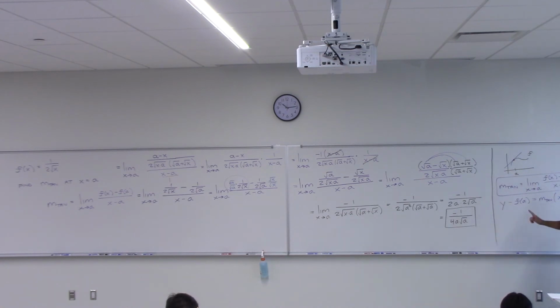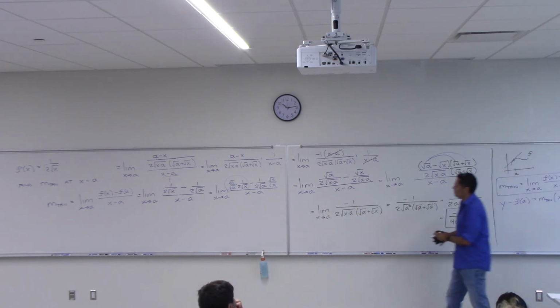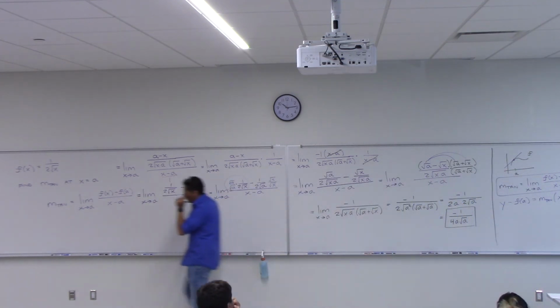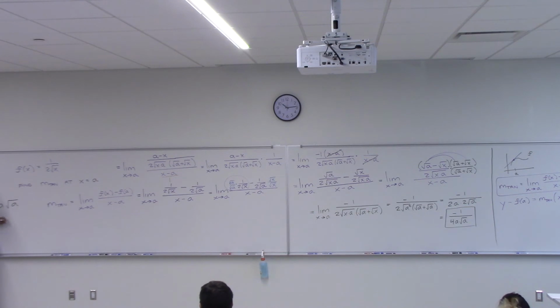We could also put these together, right? A times root a is the same as a times a to the 1/2 power. And now you can add the exponents, right? 1 and 1/2 add to be 3/2.